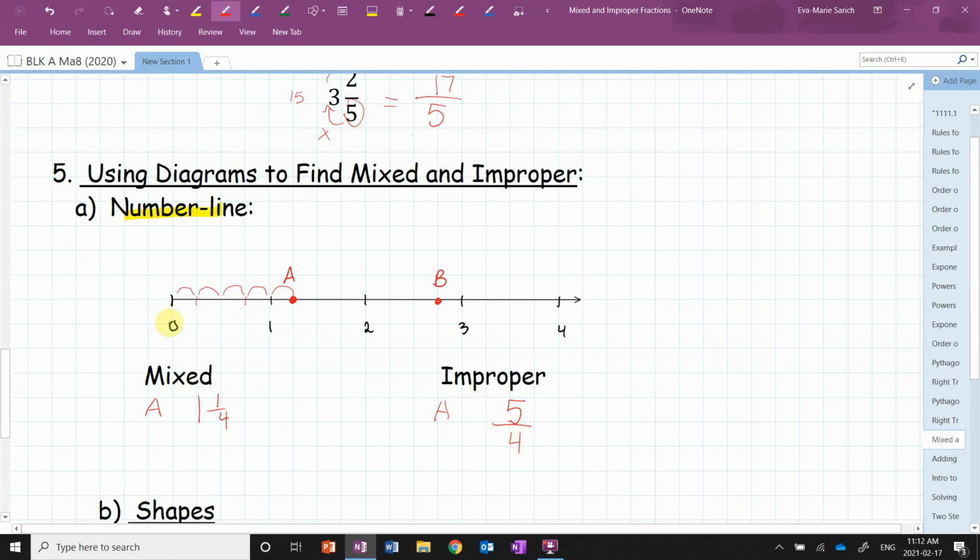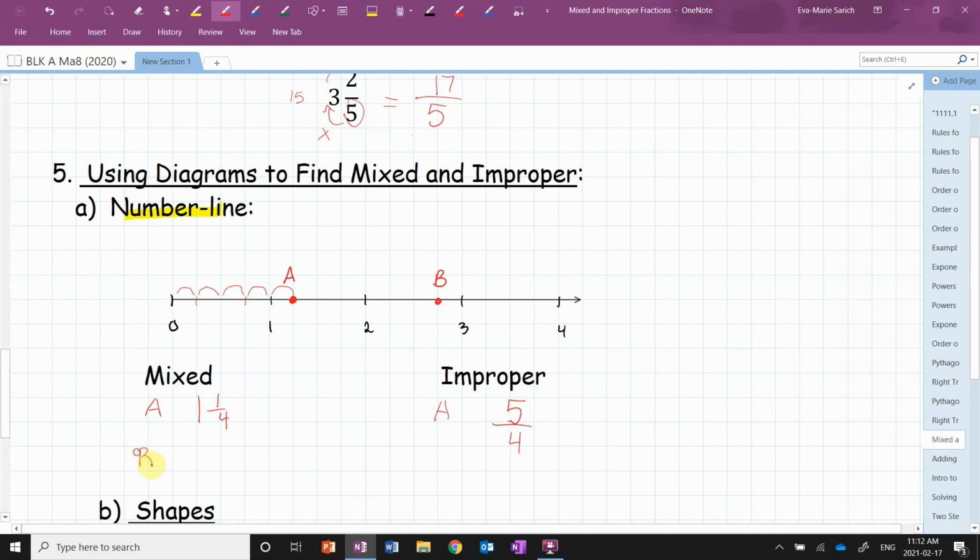Because each number that's worth 1 has been cut into 4 pieces. From 1 to 2, that's 1 number. It's been cut into 4 pieces. 2 to 3, that's been cut into 4 pieces. So the improper would be 5 over 4 because you have traveled 1, 2, 3, 4, 5 even-sized pieces when they've been cut into 4s.